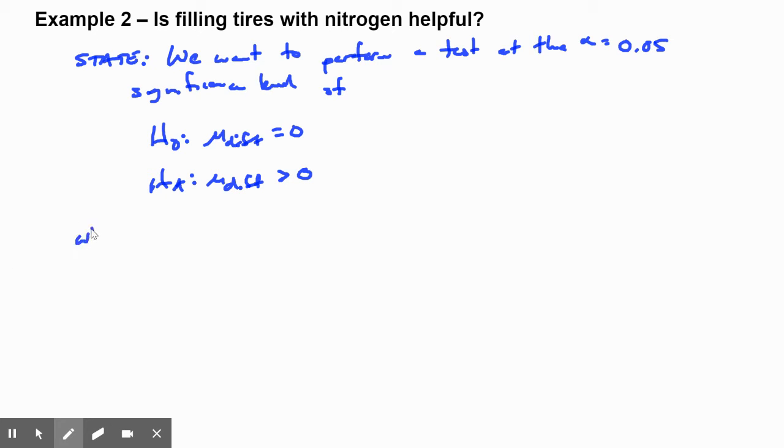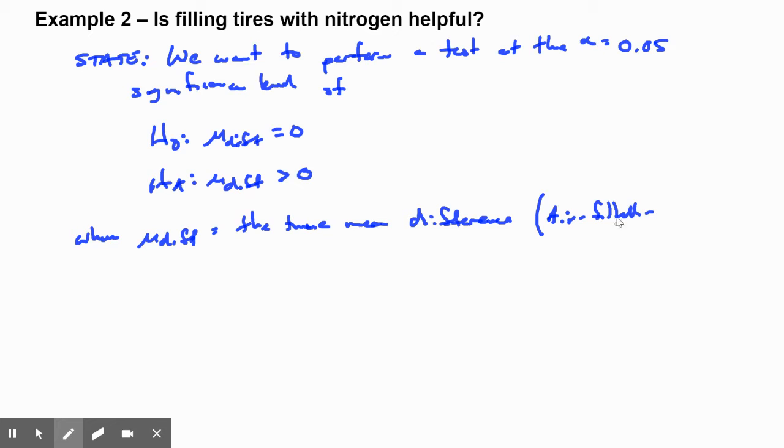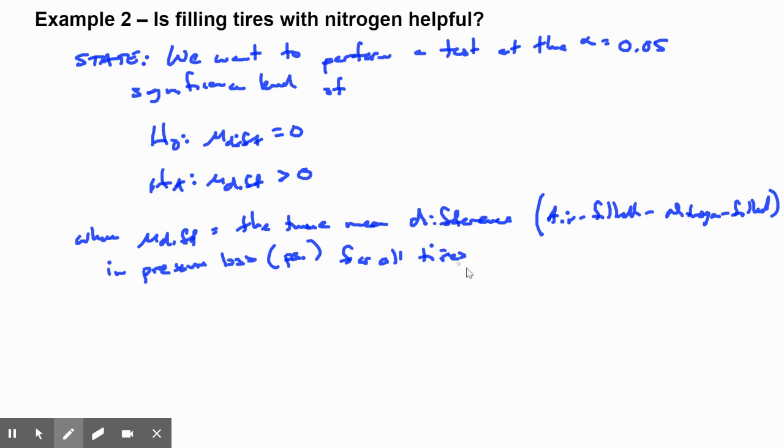Mu diff equals the true mean difference, air-filled minus nitrogen-filled, in pressure loss in PSI for all tires of brands like these.